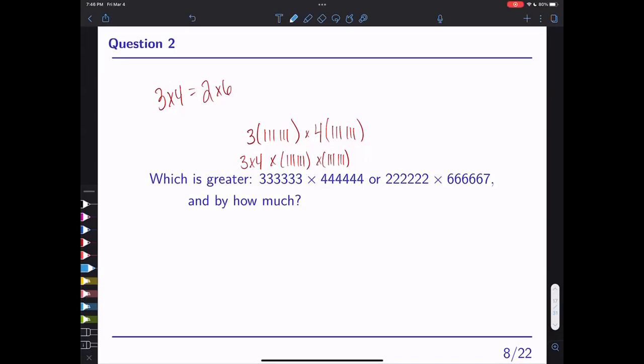I can pull a 2 out of the first factor, but there's an issue here: 6, 6, 6, 6, 6, 7. I want to rewrite that as 6, 6, 6, 6, 6, 6 plus 1.